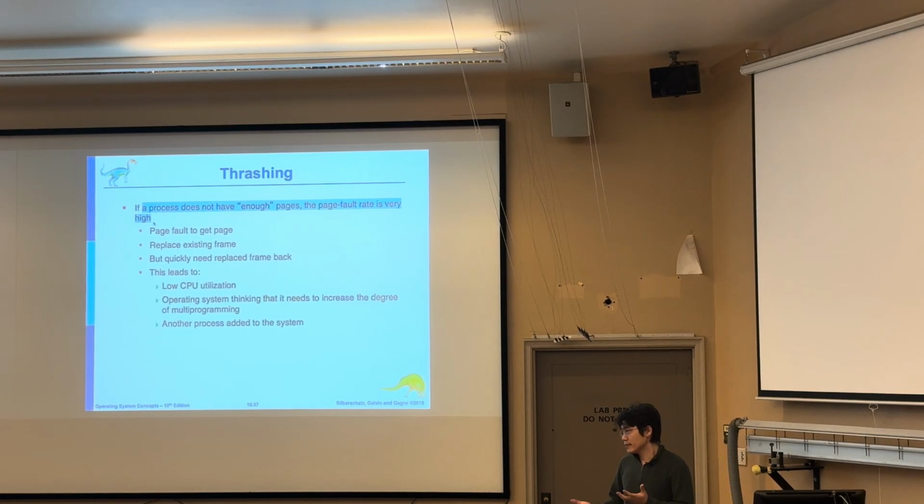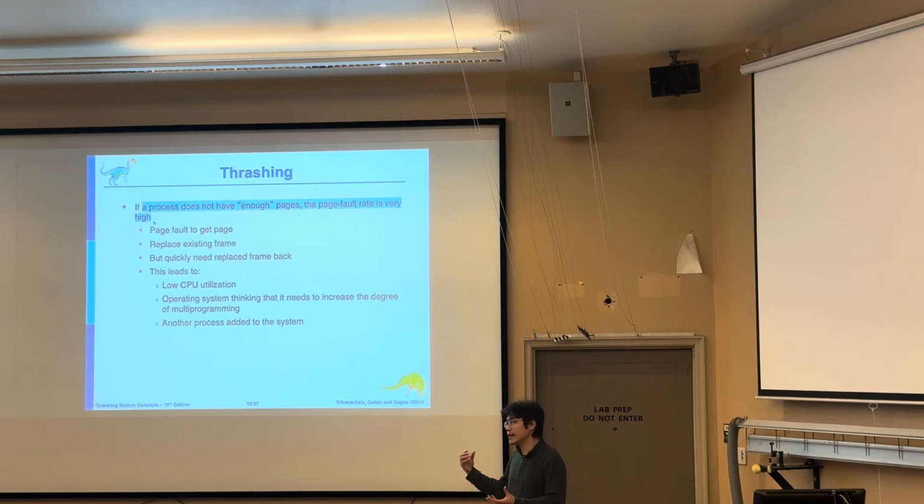If a process does not have enough pages, it needs to trigger page faults, meaning that it has some pages on external storage. It triggers a page fault to swap in those pages. And this process is very heavy, or more accurately, it's I/O heavy.